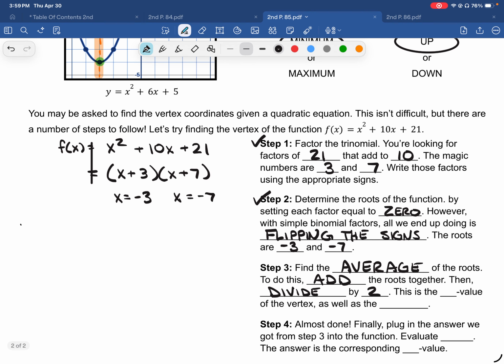So if I take -3 and -7 and I add them together and divide by 2, well, -3 plus -7 is -10. Half of -10 is -5. That number is the x value of the vertex as well as the axis of symmetry.